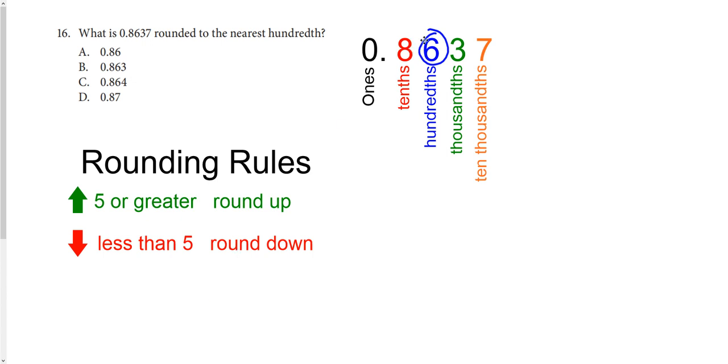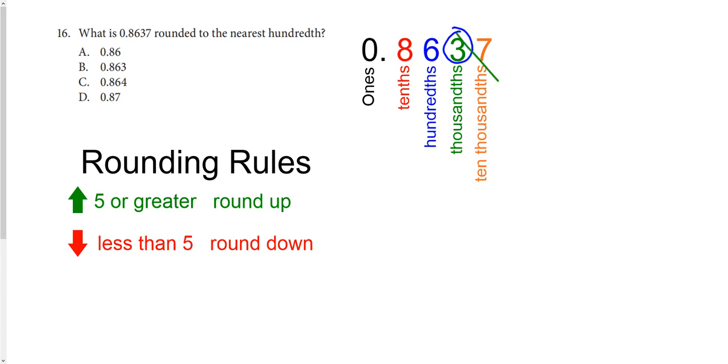So we're looking at the 6, but actually what we use to round is the next number over, the 3. Now 3 is less than 5. So we're going to go ahead and round down.